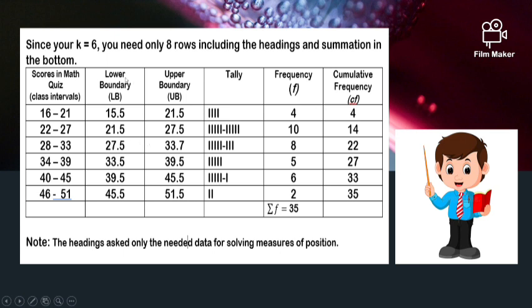That's why you have only lower boundary, upper boundary, tally, frequency, and cumulative frequency. If you will be solving measures of central tendency, of course you have to add class marks and the product of class mark and frequency and so on. Same with the measures of variation. So there is still other data needed in the table, but this time this table is complete already for one to calculate the different measures of position.